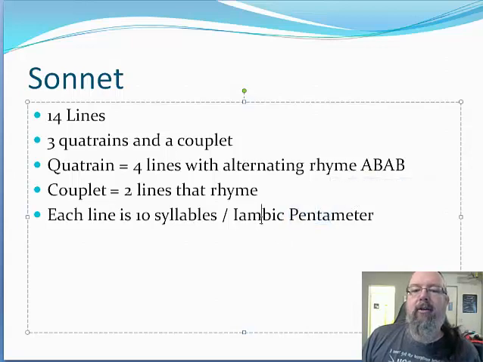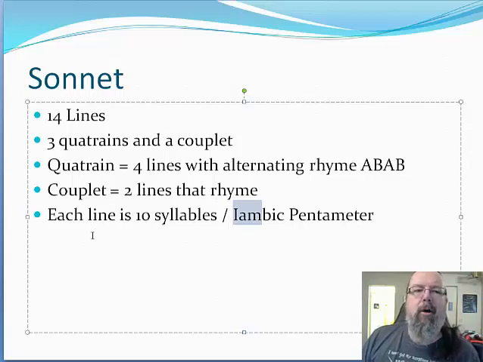Well, it is 5 iambs. An iamb is a syllabic compilation of an unstressed syllable followed by a stressed syllable. So an iamb is 2 syllables. You take that iamb, you combine it with 5 others, you have a total of 10 syllables.